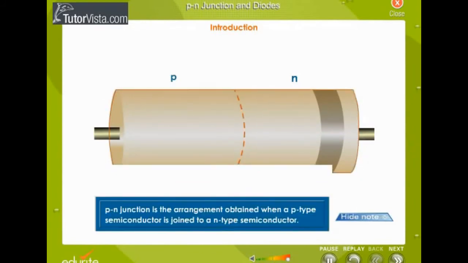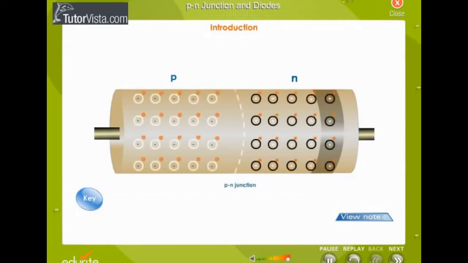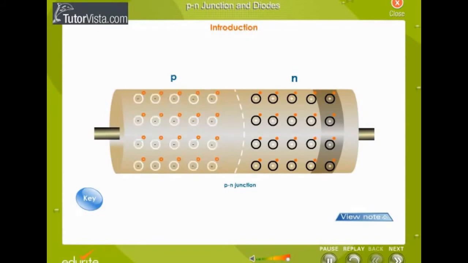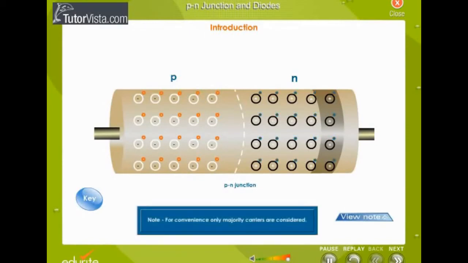PN junction is the arrangement obtained when a P-type semiconductor is joined to an N-type semiconductor. Displayed here is a p-n junction. Immediately after it is formed, the p region contains holes which are mobile and negatively charged impurity ions, which are immobile, and the n region contains positively charged impurity ions, which are immobile and mobile electrons.